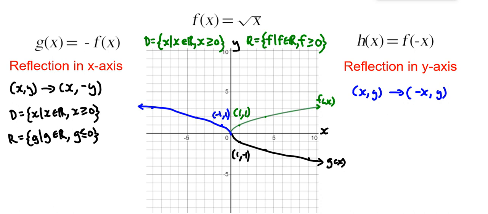That's important to note. Let's see what happens with this reflection in the y-axis, which is really a horizontal reflection. The domain here is x such that x is an element of the real numbers, where x always has to be less than or equal to 0 so that the two negatives will make a positive.